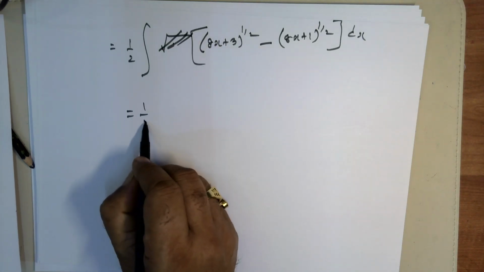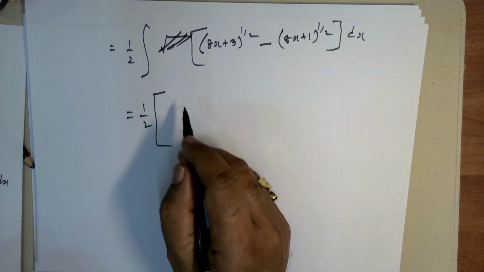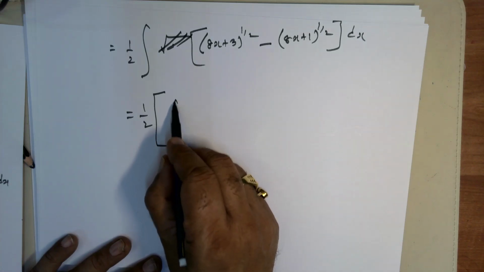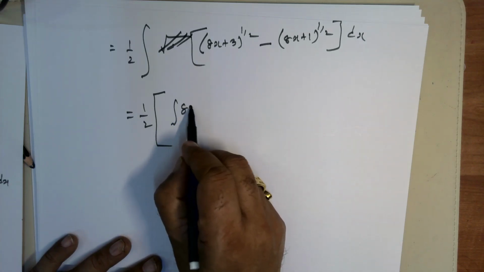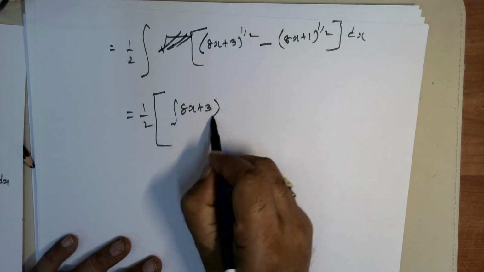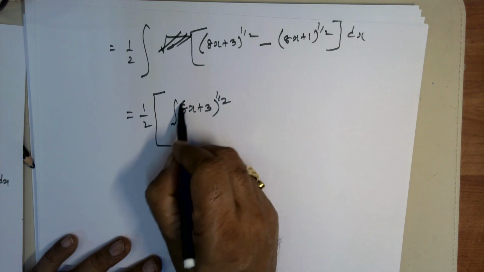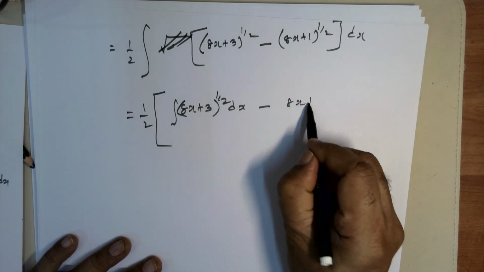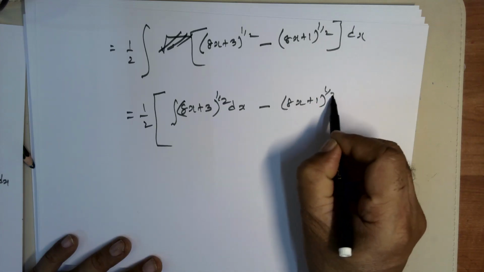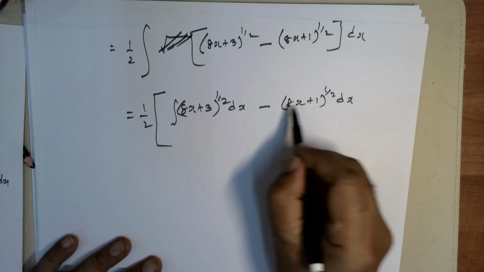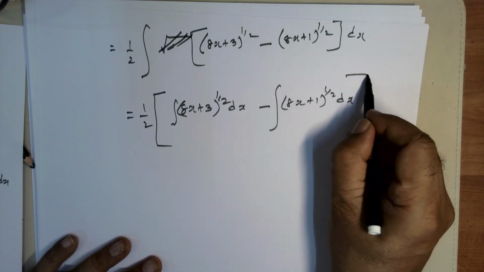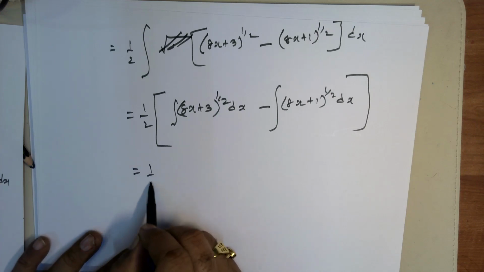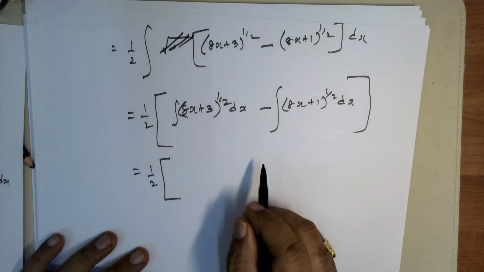So 1 by 2, open the bracket, integral of (8x plus 3) power 1 by 2 dx minus integral of (8x plus 1) whole power 1 by 2 dx. That's all. You have to be very, very careful and systematic.